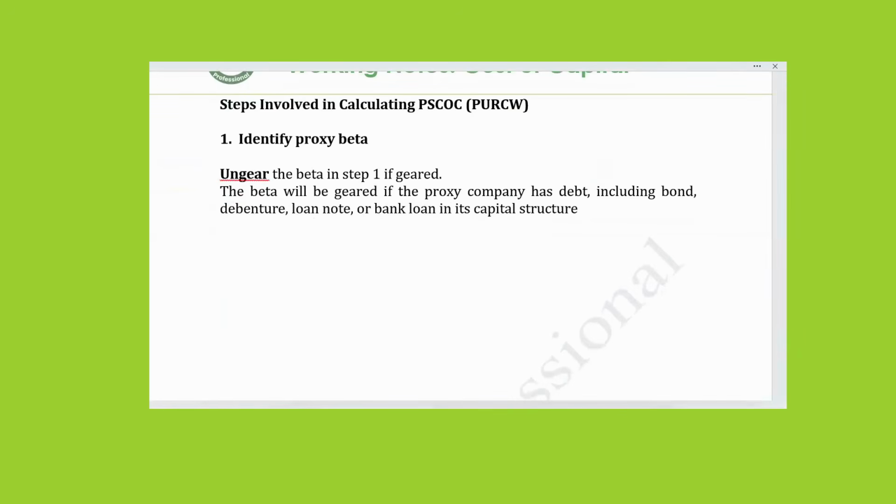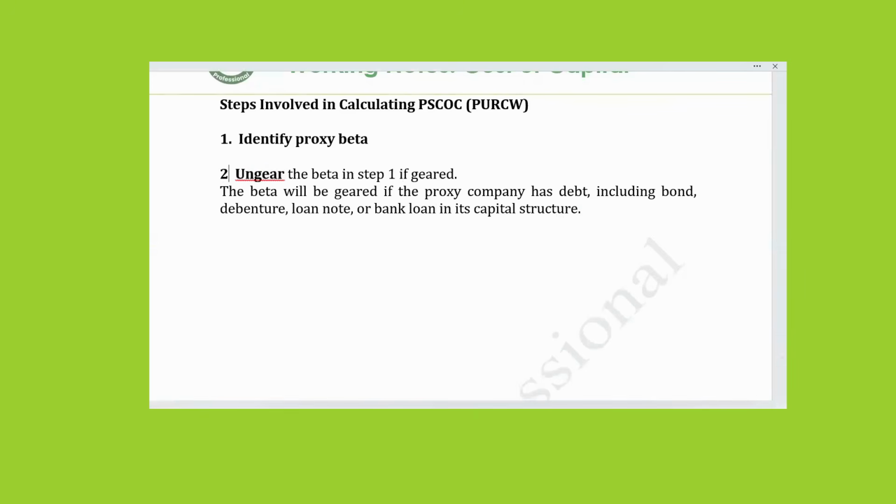When you see any element of debt in the capital structure of the proxy company, it means that the beta you have identified in step 1 is geared. So if it is geared, then you need to ungear it.